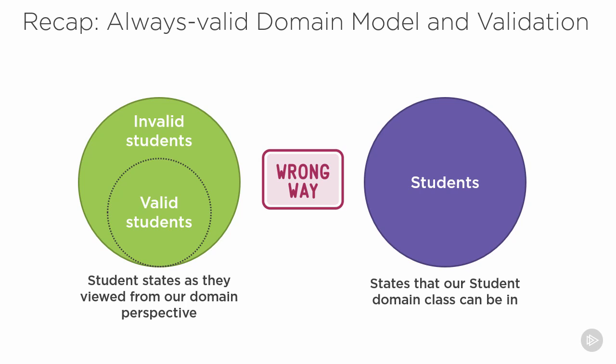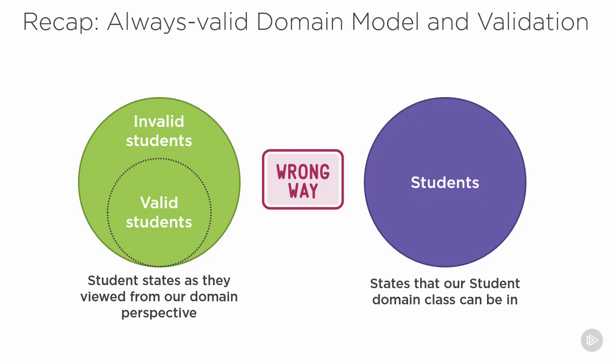In terms of the set theory, a not always valid domain class can be visualized as a set that has been chosen incorrectly. For example, if our student class can potentially enter an invalid state, then we effectively include those states in our student set, and thus misalign the two sets, the set we've chosen to model the student and the set for the underlying student concept, as it is viewed from our domain perspective.